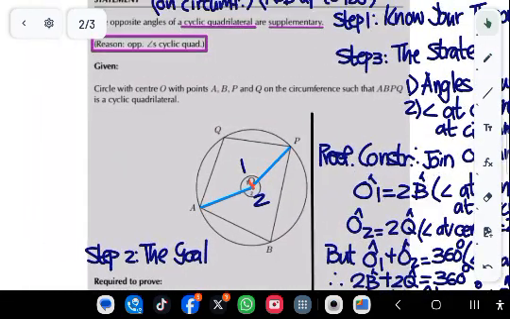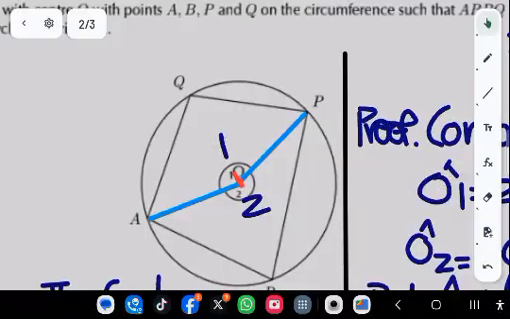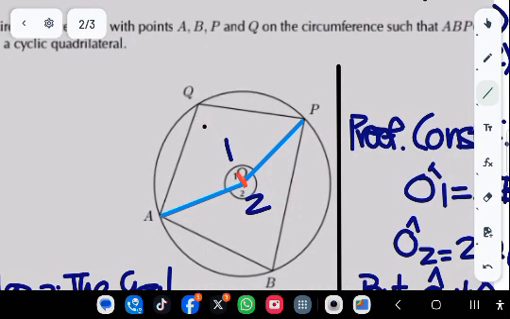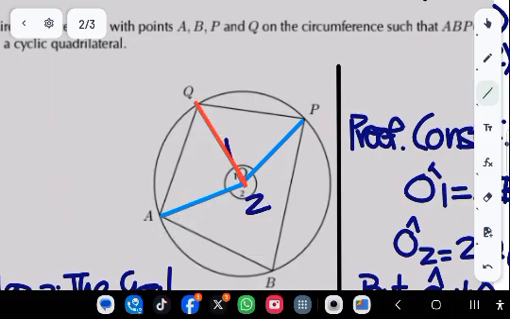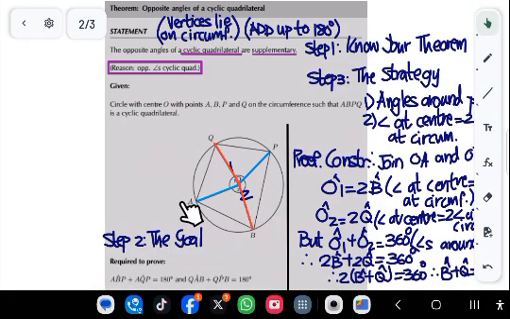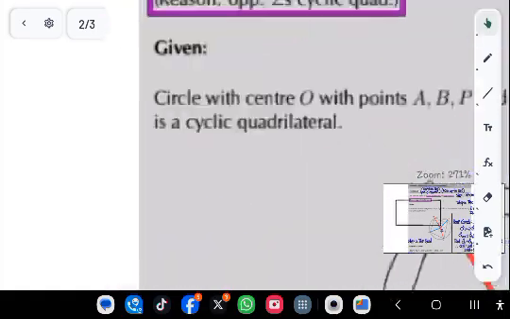And there you go. Similarly, you can make a construction joining OQ and OB to prove that angle A plus angle P is equal to 180 degrees.